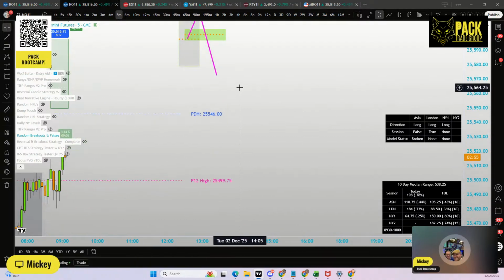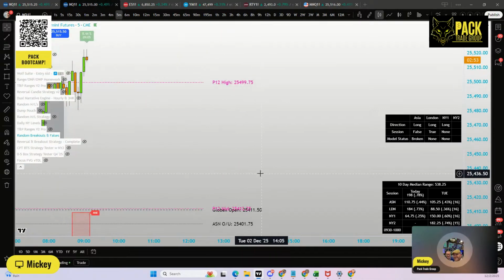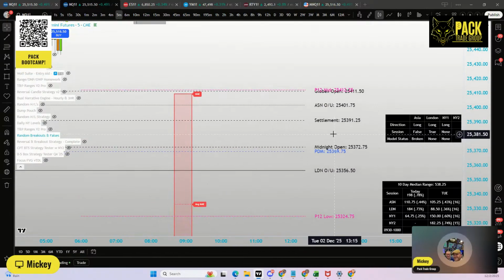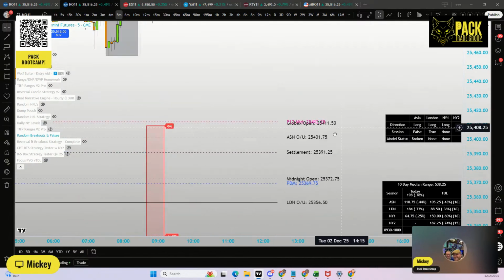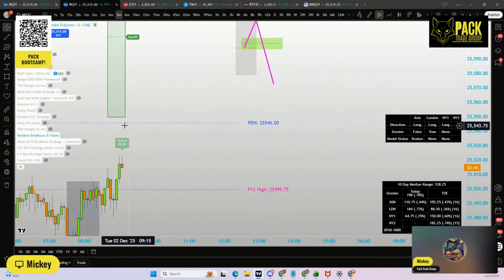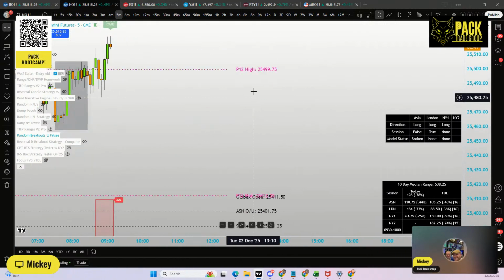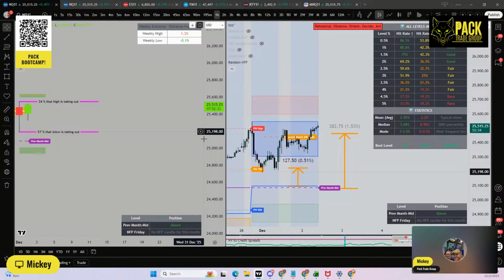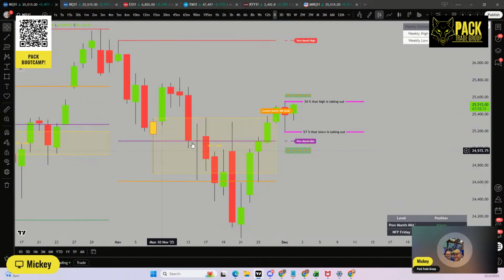Once we have completed these steps, they will activate the P12 mid, the London OU, and settlement, which are below us with high probability. If we do it before hitting previous day high, then we can definitely target previous day low with runners, because that's the higher probability for candle signs.